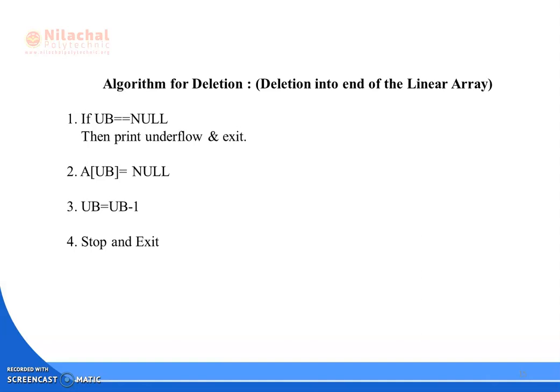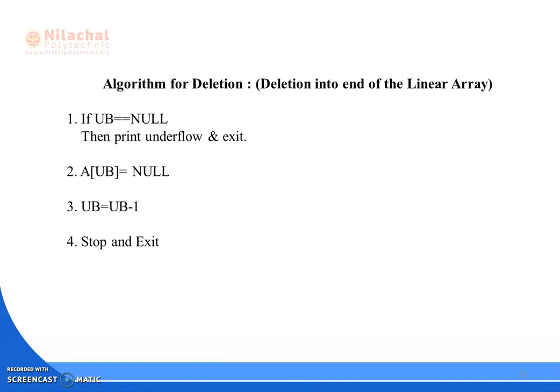If it does not satisfy the condition upper bound is equal to null, then it has at least one element, so we can perform the deletion operation. Obviously it will come to the second step.